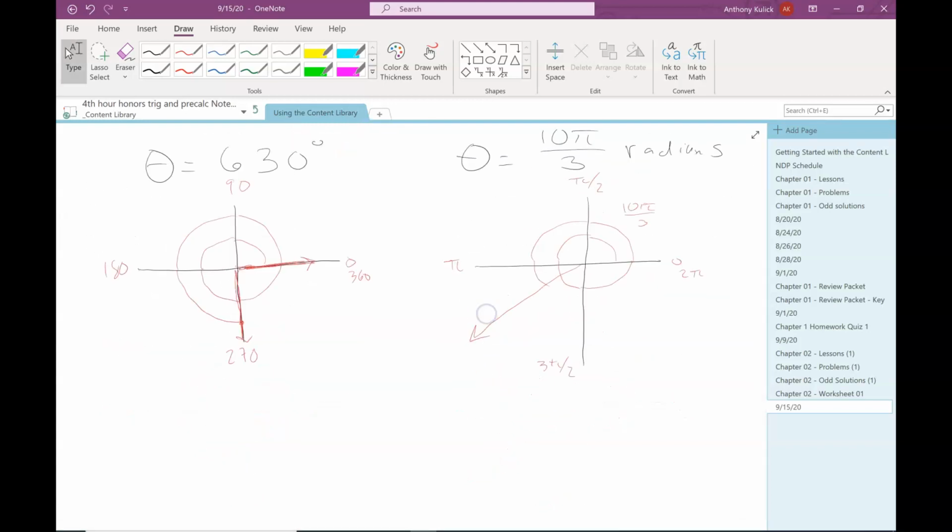We should be able to get to the point where you can kind of count in radians, though. So again, the idea is we're going to count by halves. Each quadrant is a half a pi. Just take your fraction, convert it into a whole number and a fraction, and you should know where that fraction lands with respect to halves, right?